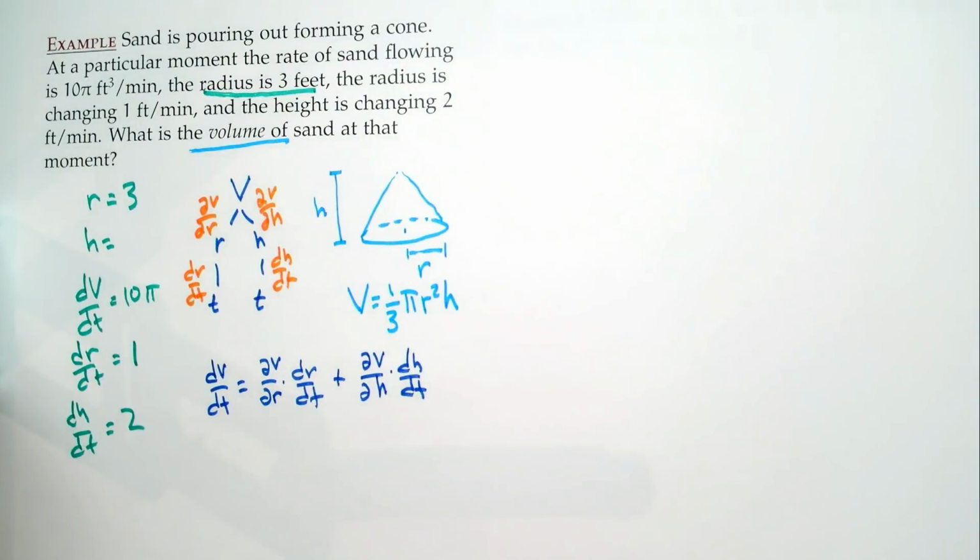Well, let's plug in what we know and see, hopefully, that we get something. All right, do we know what dV/dt is? Yes, 10 pi. Okay, do we know partial V partial r?